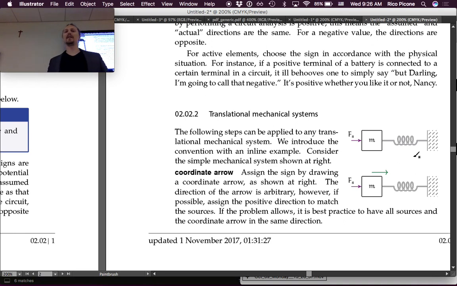So when we do it, we should assign our sources all in the same direction as the coordinate arrow, if at all possible, because it makes the interpretation a lot easier. So that's just my recommendation. Okay. So I drew it in the direction of the coordinate arrow, or in the direction of the force source to the right. Okay.